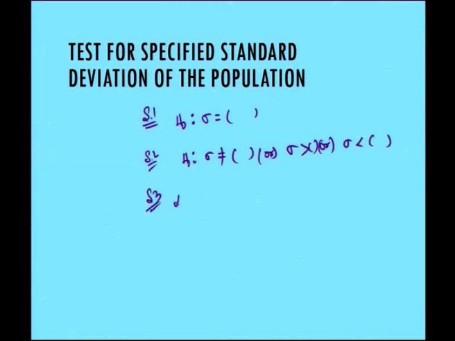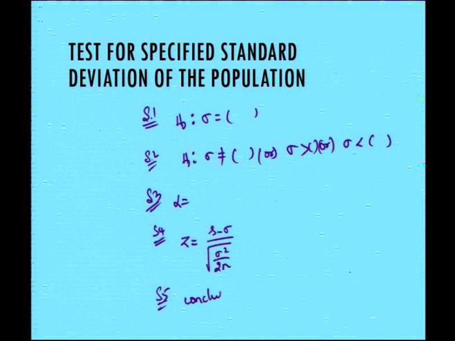Step 3 is fixing the level of significance. Step 4 is the calculation part: Z is equal to S minus sigma divided by root of sigma square by 2n. This is the formula, and step 5 is the usual conclusion step.